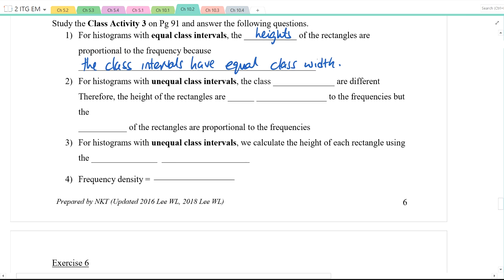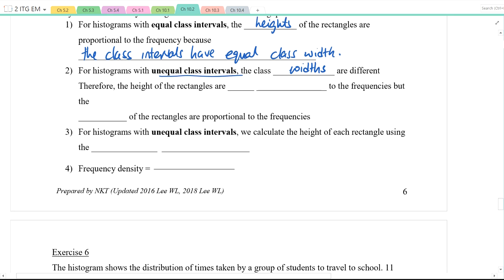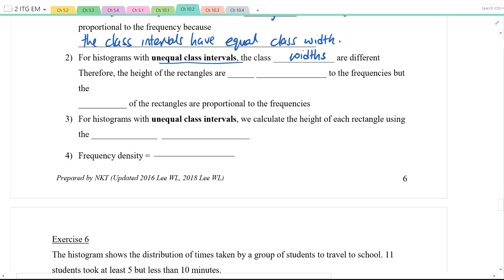There are some histograms with unequal class intervals which we haven't seen yet in our notes so far. So for these kinds of histograms, the class widths are different. Therefore, the heights of the rectangles are not proportional to the frequencies.